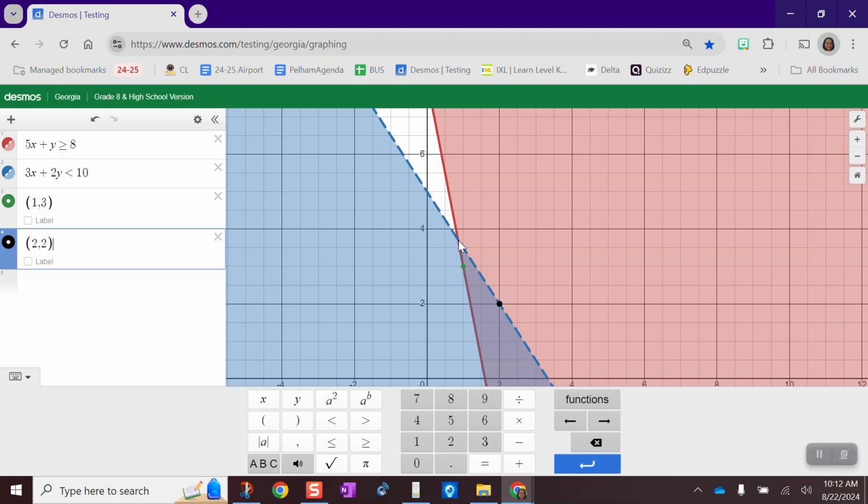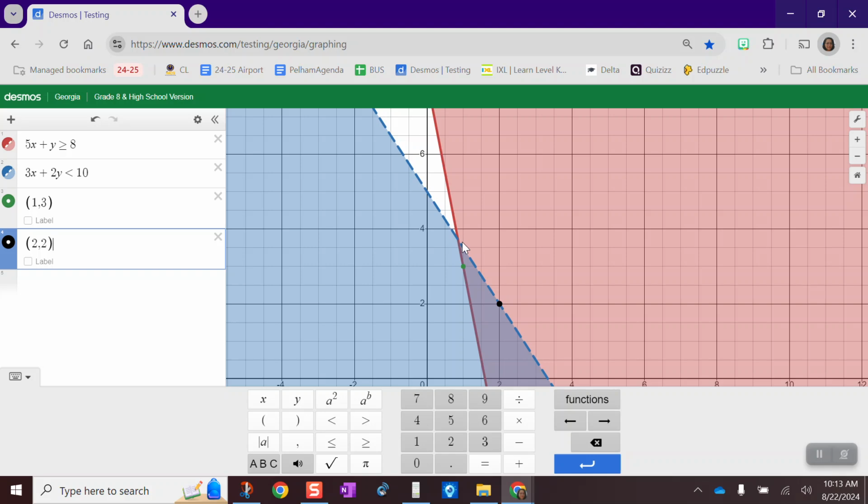Now, what about if it was a point right here where these two lines intersect? One of them is solid and the other one is dashed. That means it is a solution for the one that is solid, but it's not a solution for the one that is dashed. So we have to say it's not a solution because it doesn't qualify for both of them.